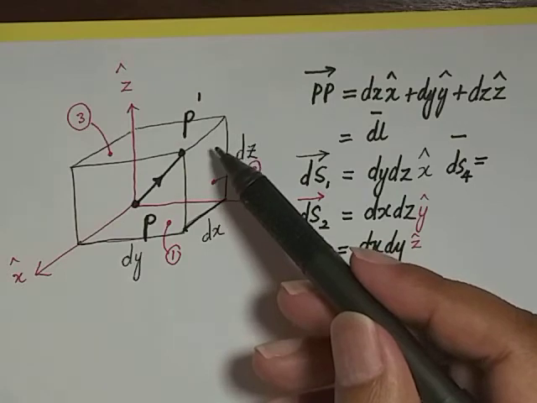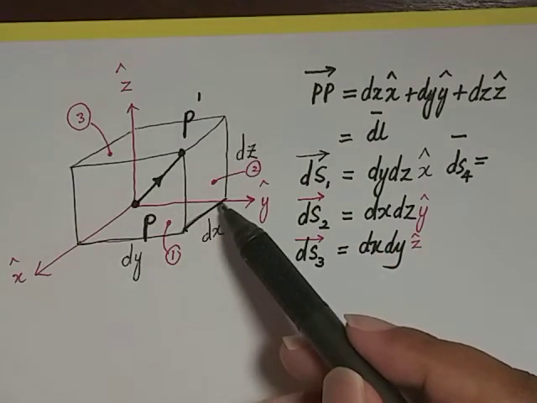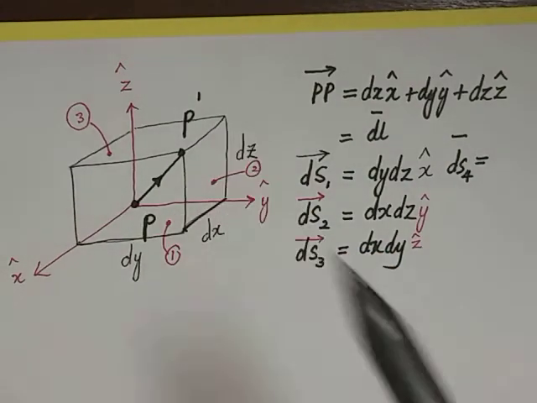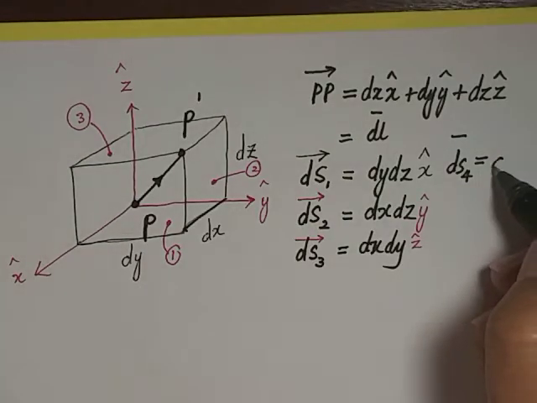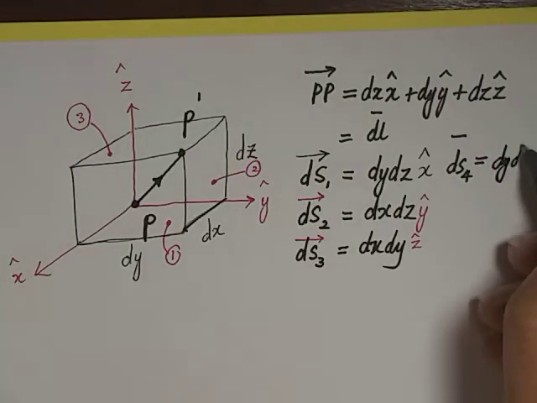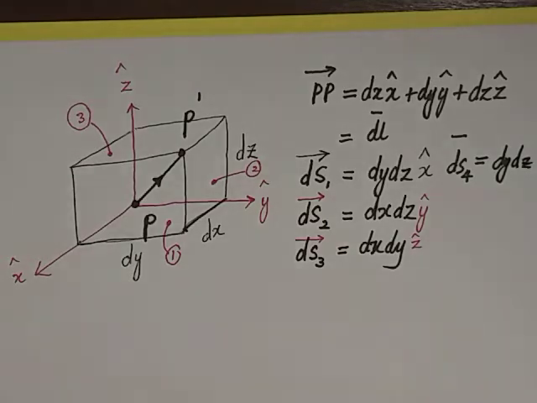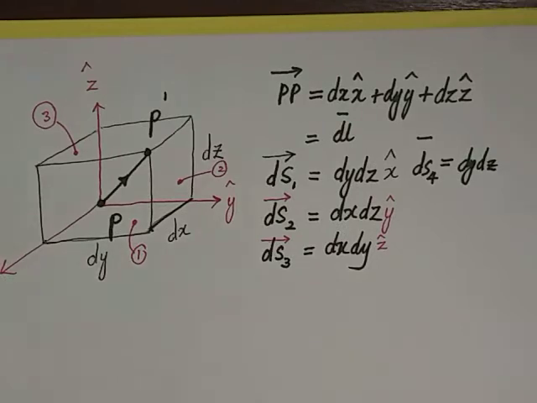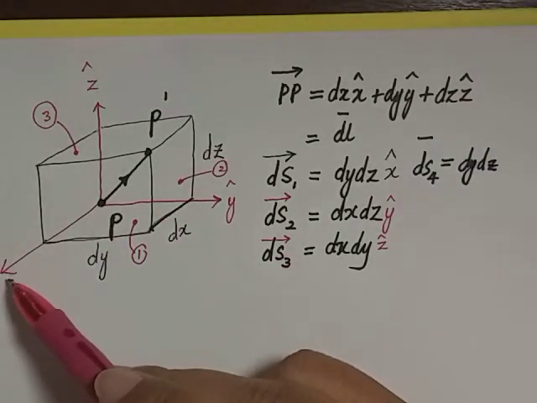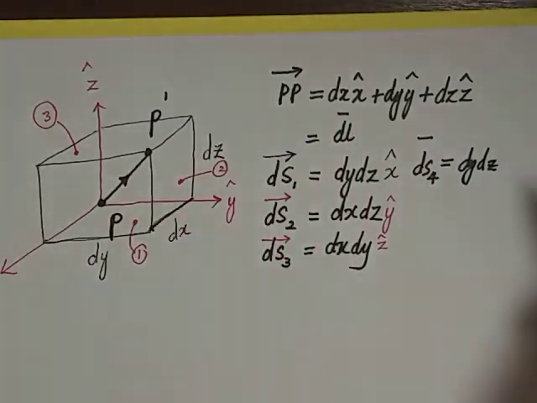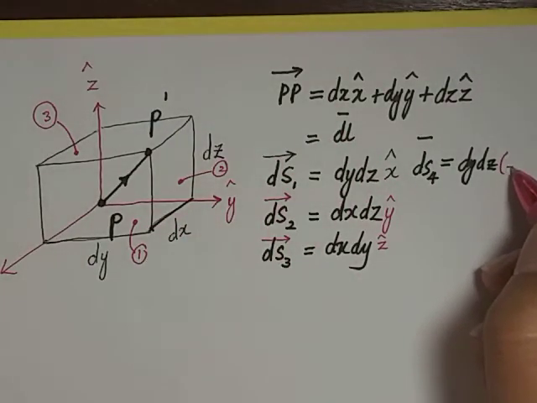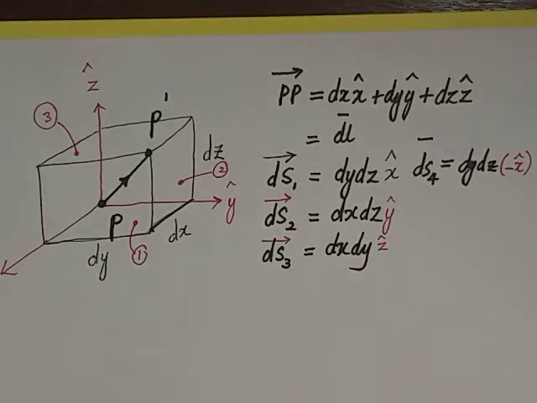And the area should be this length multiplied with this length, still the same, dy multiplied with dz. But now the direction is going to be opposed to this direction because it's coming out from the box. So I'm going to define the direction now to be negative x. Okay, so that's very crucial.